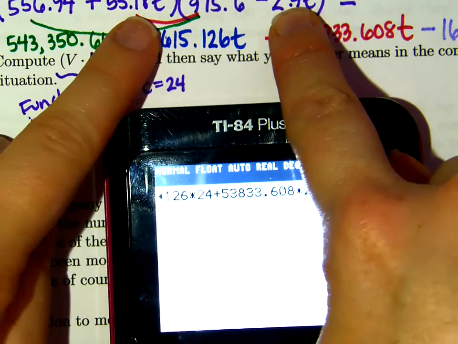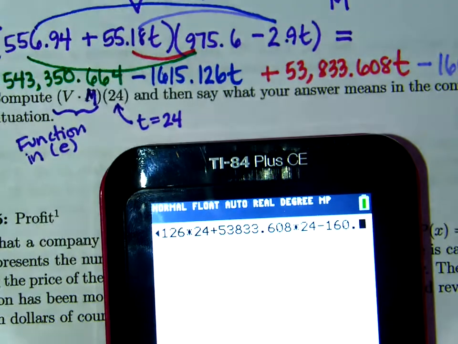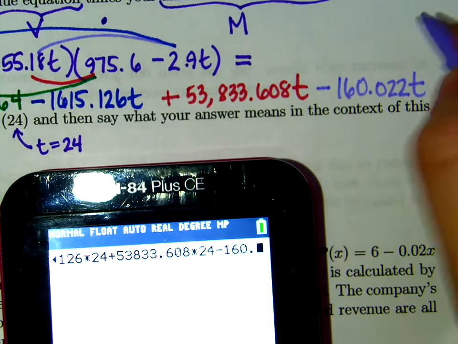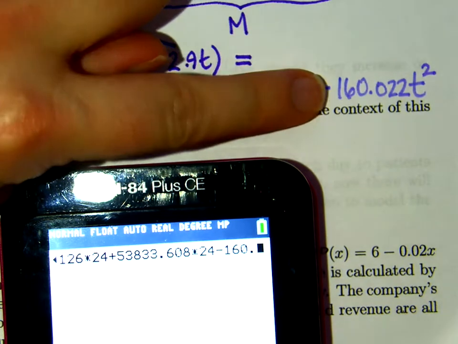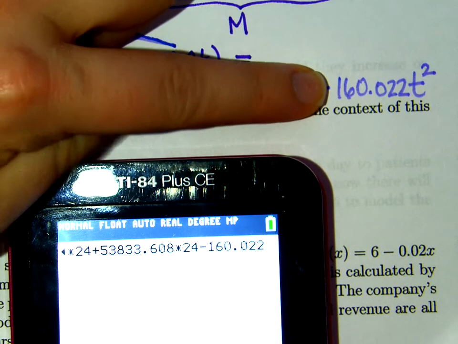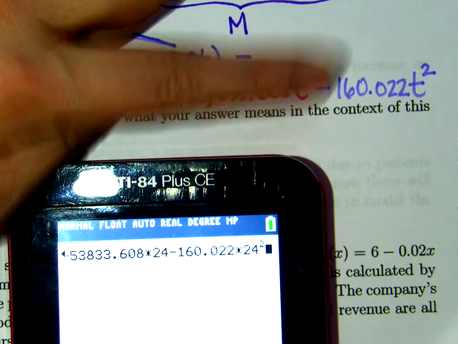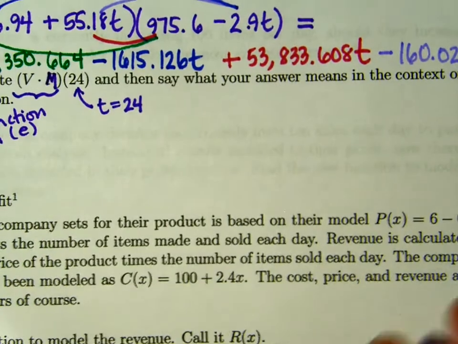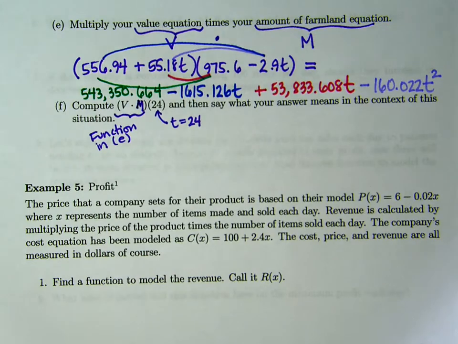Right here. This by this, a T by T, is actually a T squared. So 160.022 times 24 squared. Got it.